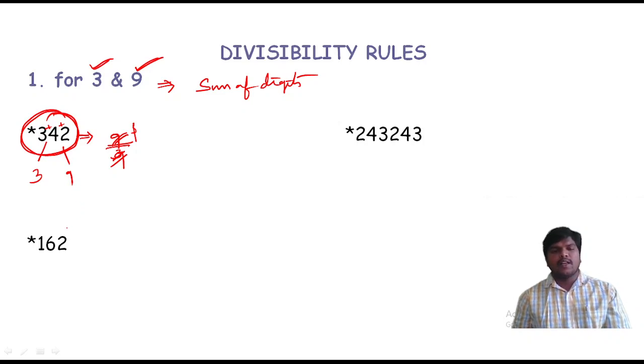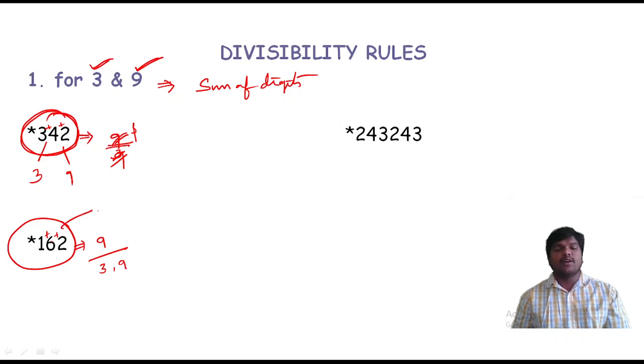So this whole number is exactly divisible by 9 also. Then 162, is this divisible by 3? Let us check: 6 plus 1 is 7, plus 2 is 9. So it is divisible by 3 as well as 9. And 243, is this divisible by 3 or 9?